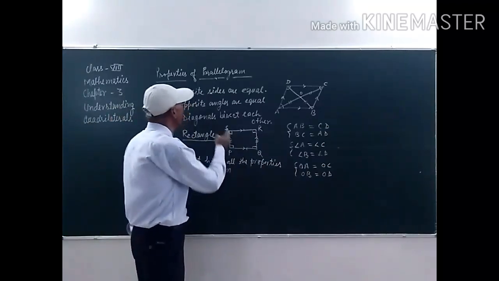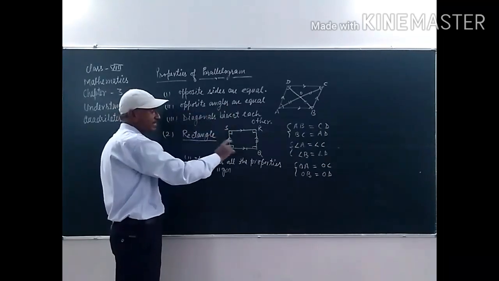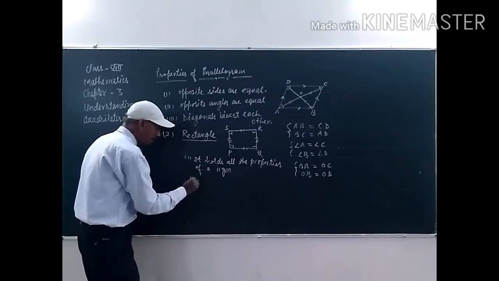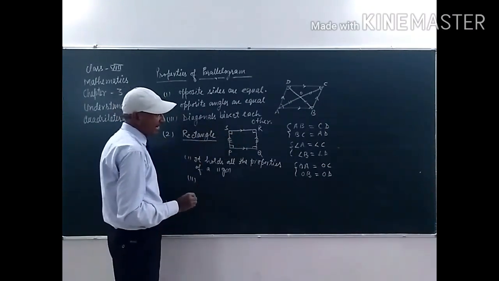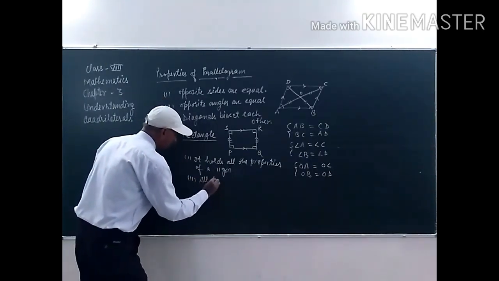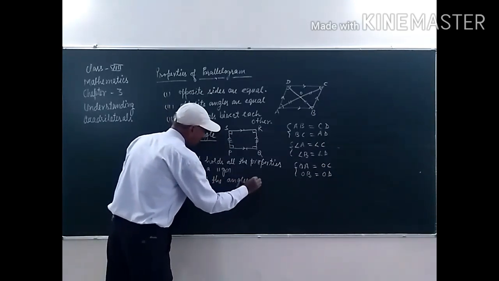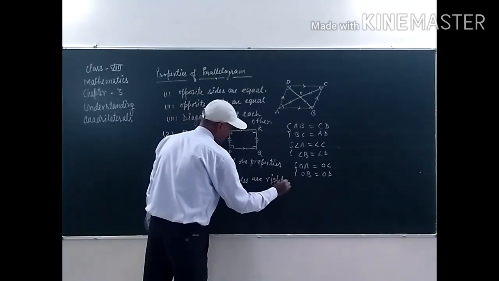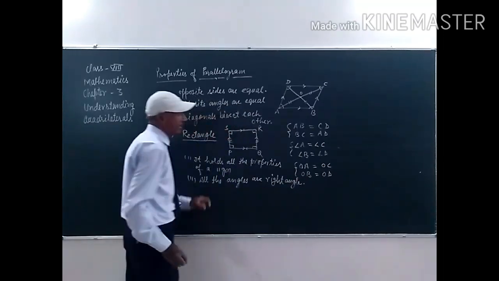It means opposite sides are equal, opposite angles are equal, and diagonals bisect each other, and all the angles are right angles. Right angle means 90 degrees, student.